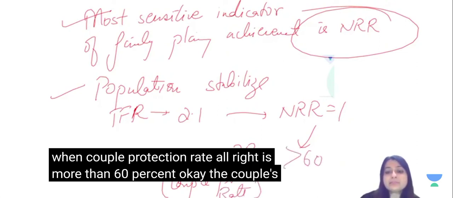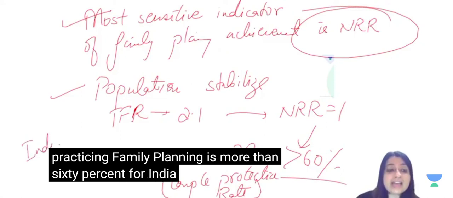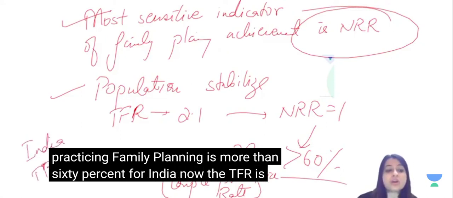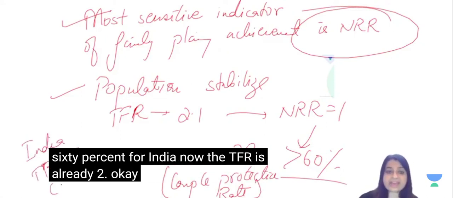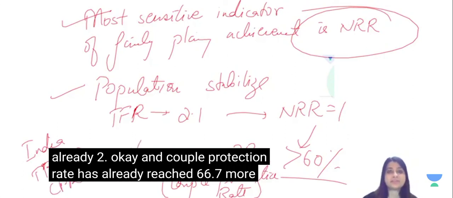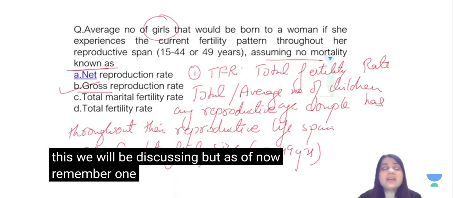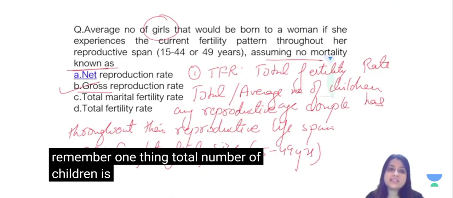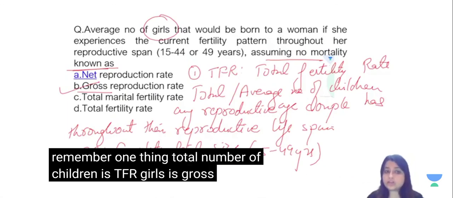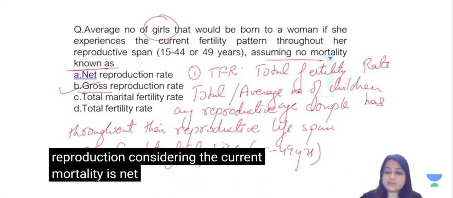The couples practicing family planning is more than 60%. For India now, the TFR is already 2, and couple protection rate has already reached 66.7%. More of this we will be discussing, but as of now, remember one thing: total number of children is TFR, girls is gross reproduction, considering the current mortality is net reproduction.